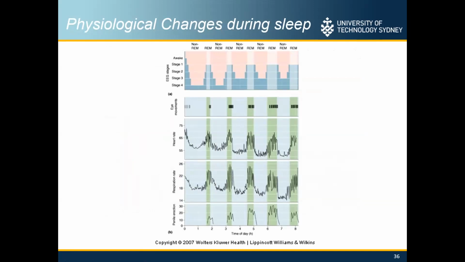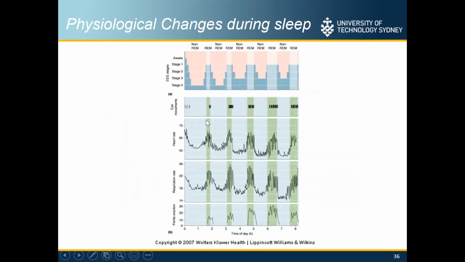This is just a diagram to give you an idea of how different stages of sleep are associated with different physiological responses, from eye movements, heart rate, respiration, and penile erection.